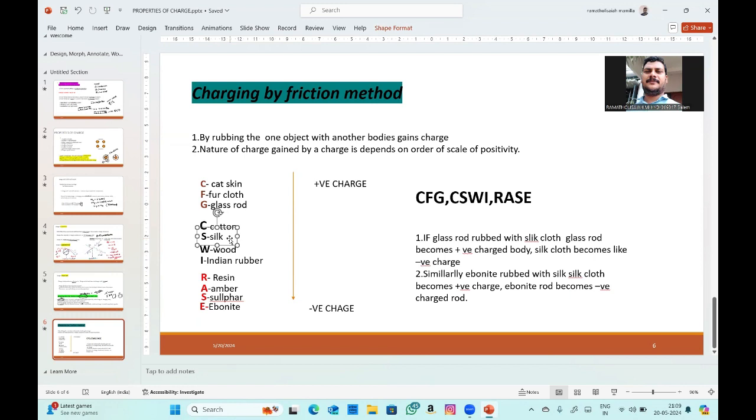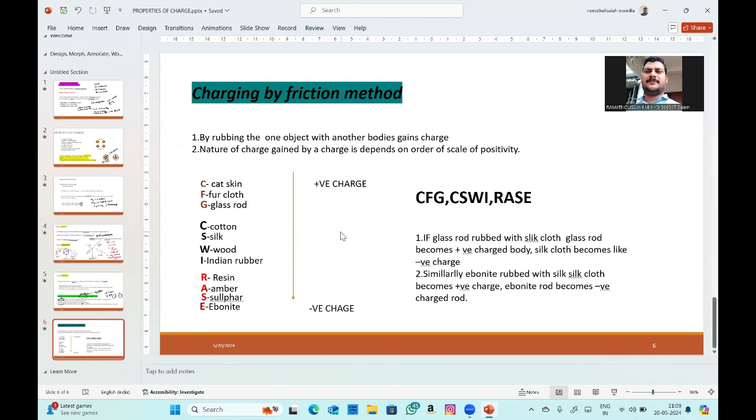This is the way of finding which one is positive and which one is negative in the friction method. One is losing electrons in rubbing, depending on their surface and nature. One will gain the electrons and one will lose them. To know which, we are using this order of charging.